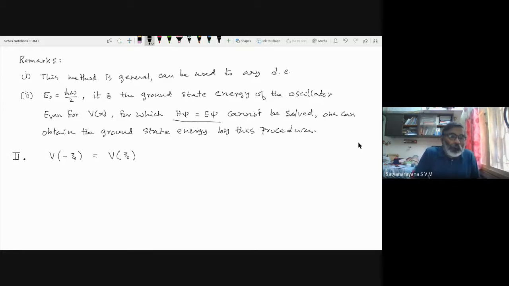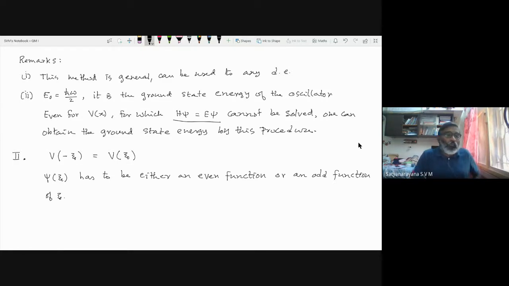This implies psi of xi has to be either an even function or an odd function of xi.